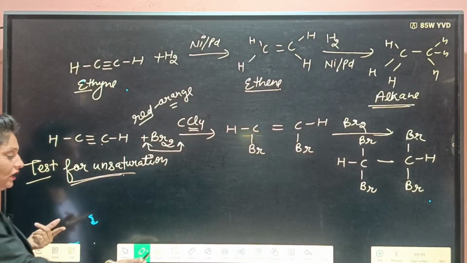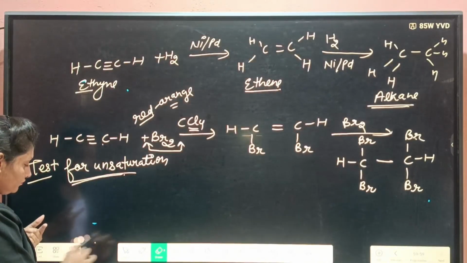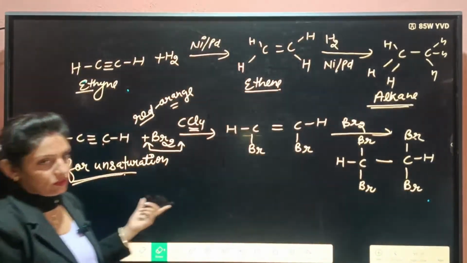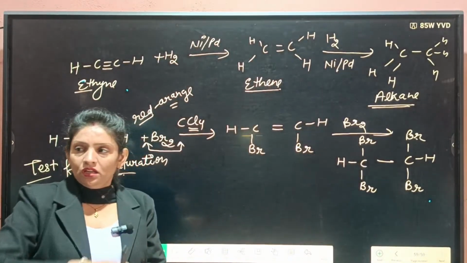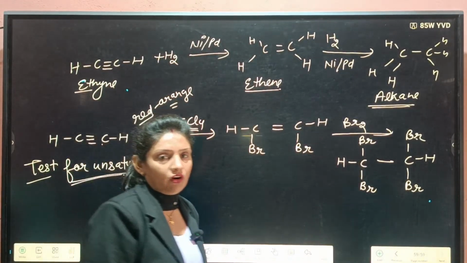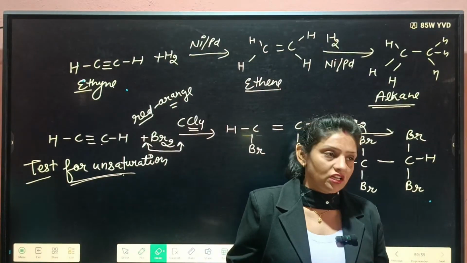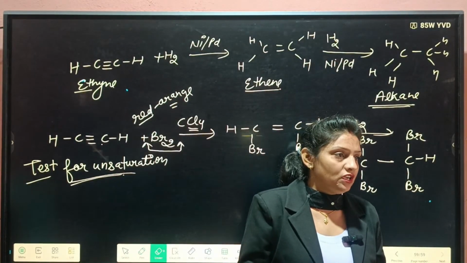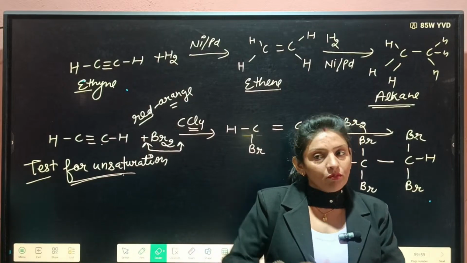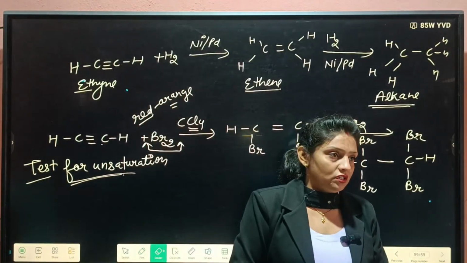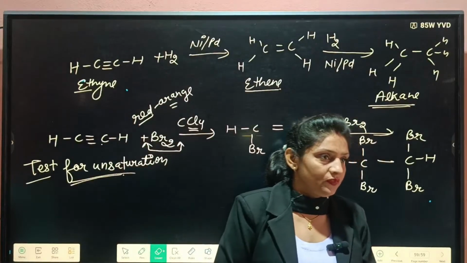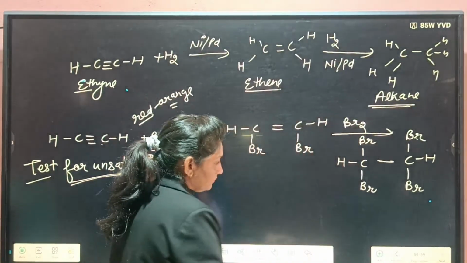If you directly have a saturated compound and you add bromine, the bromine color will stay intact. It will not decolorize or disappear. It shows that no double bond or triple bond is there, only single bonds. Clear or not? Yes.